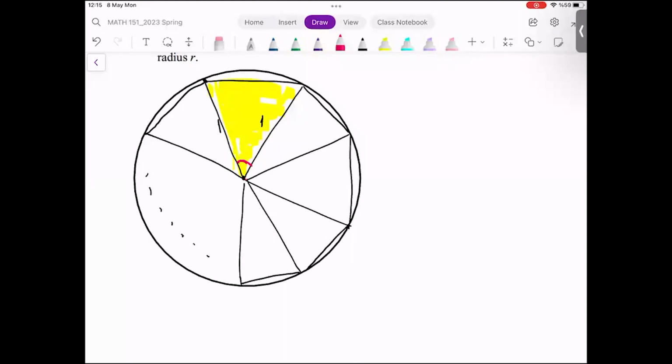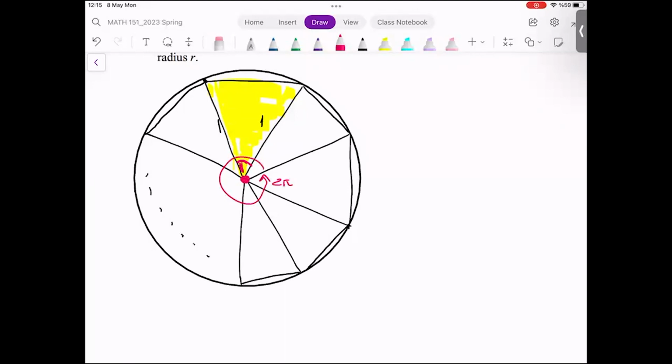n-sided polygon. First of all, to find out the area of the triangle that I shaded in yellow, we need to understand this angle. In total, we have 2 pi measure, right? We divide this total into how many parts, how many triangles, n many.